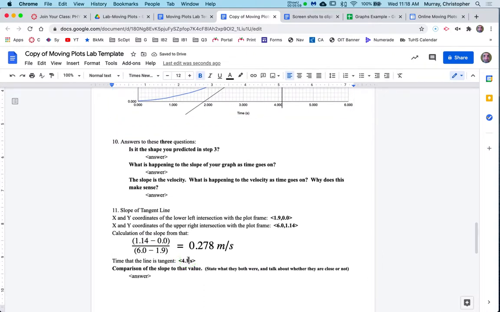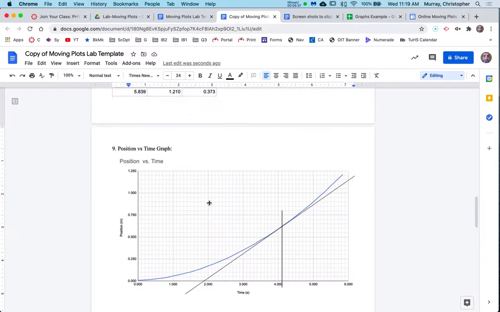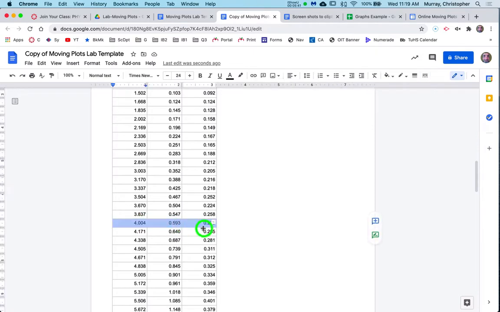All right, and now we're going to compare this slope that we got, the 0.278, to the value in the table. What we're saying is that in the table where we calculated the velocity using the instantaneous velocity formula in the spreadsheet, at 4.1 seconds, we think it's going to be around 0.278. Let's see what it really is. We're looking for 4.1 seconds.